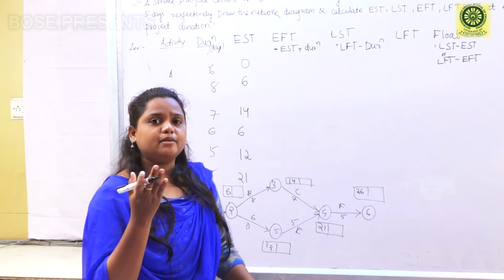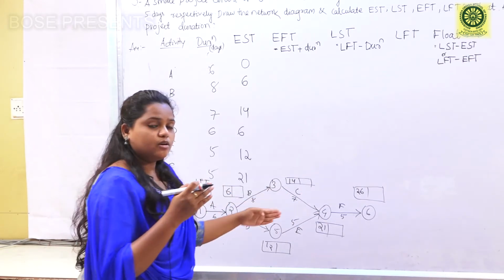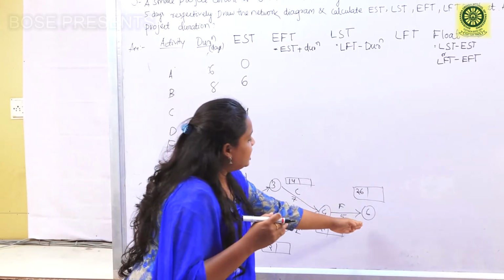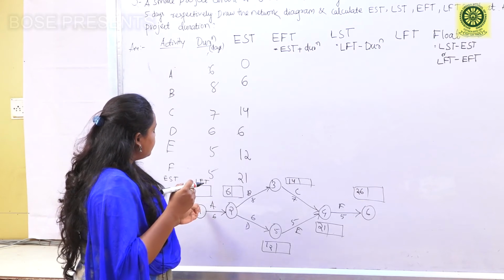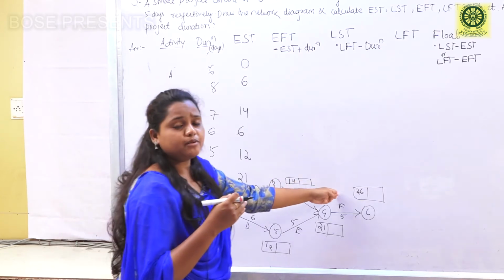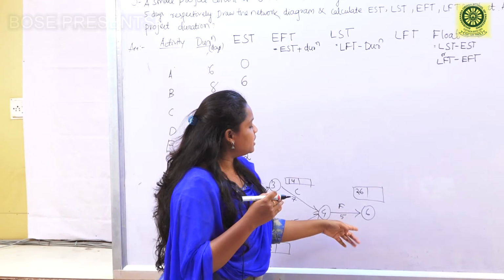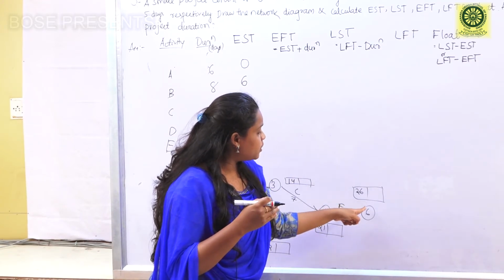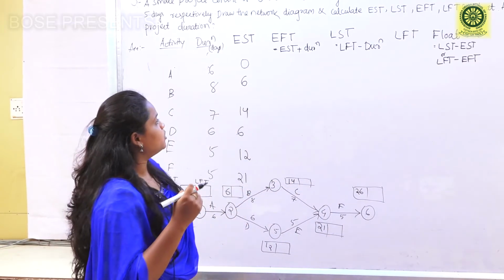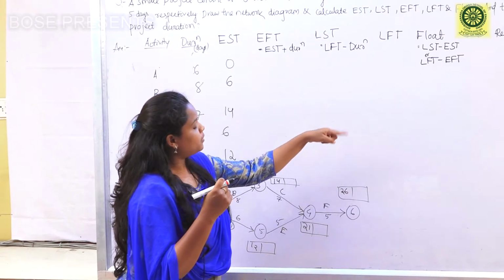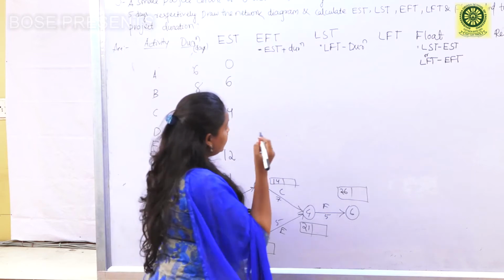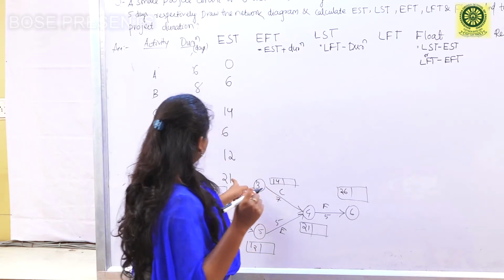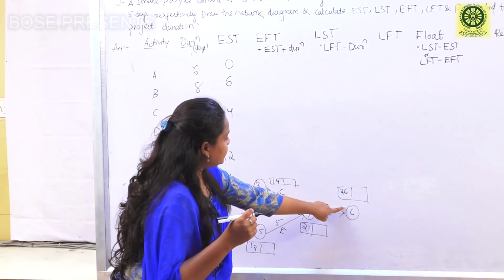LFT can be calculated by moving backward, that is from tail event to head event. In EST we calculate from head event to tail event, but in LFT we have to calculate from tail event to head event. So we have to move from backward to forward.